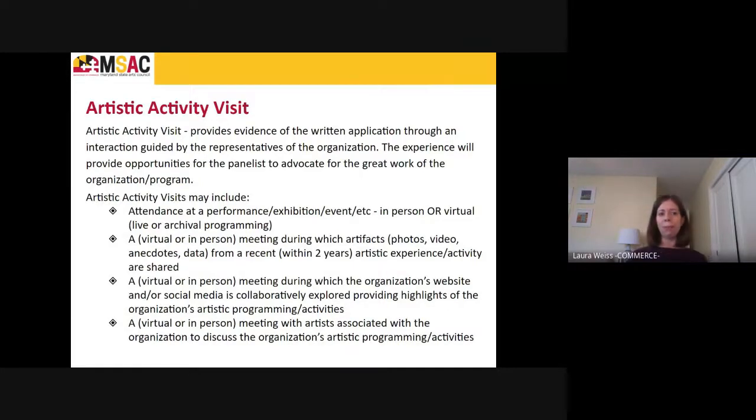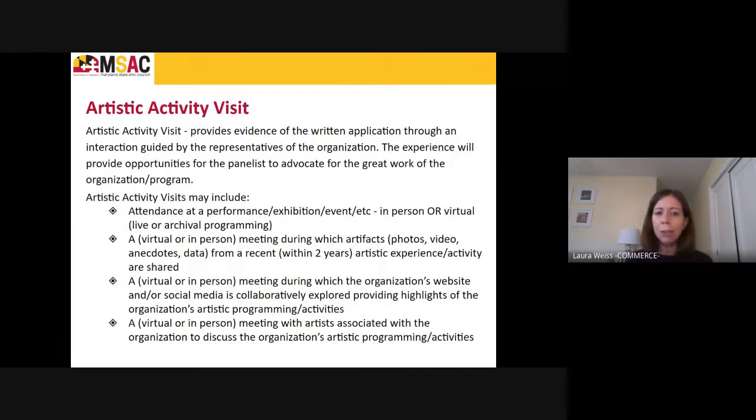But some examples include attendance at a performance, an exhibition, an event. That might be in person or that might be virtual. Again, all of these, virtual or in person, could be a meeting during which artifacts such as photos, videos, data, anecdotes from a recent artistic experience are shared with your panelists.